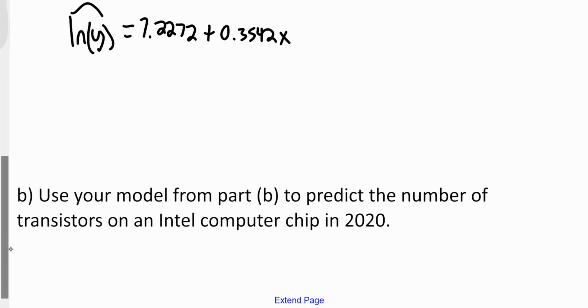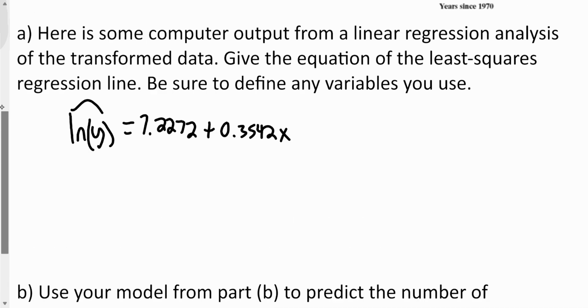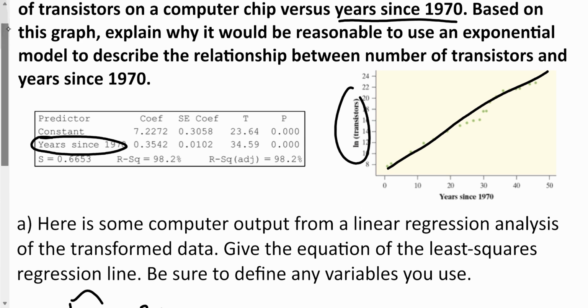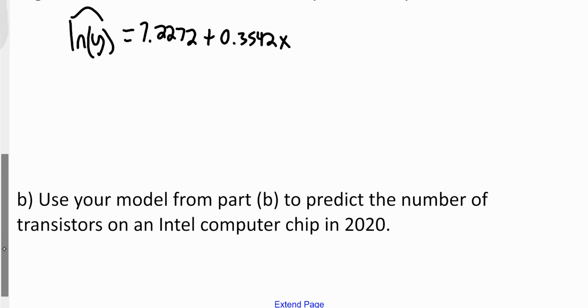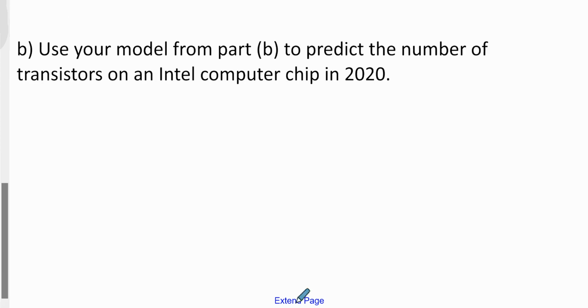Use your model to predict the number of transistors on an Intel computer in 2020. Now, let's just double check here. Is that realistic to use that? 2020 would be 50 years after 1970. So we don't have anything quite that high. It'd be like over here-ish. So it is a little bit of extrapolation, but it's close enough. So let's actually do it. So years since, that would be 50, x equals 50.